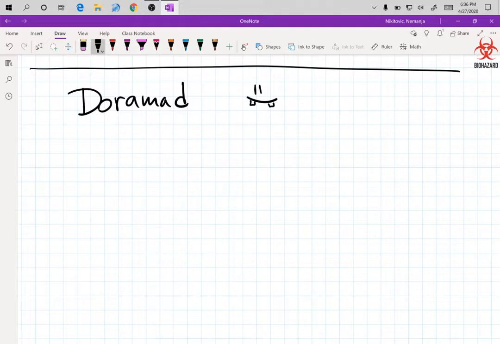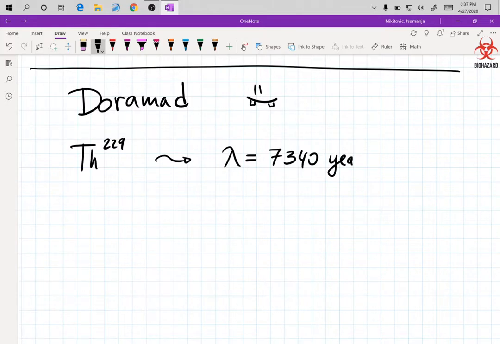Well, the Doormat was using the radioactive element called thorium, isotope of thorium-229, that has a half-life, something ridiculous. Let me check this real quick. Thorium-229 half-life. Let's see what we get. 7,340.